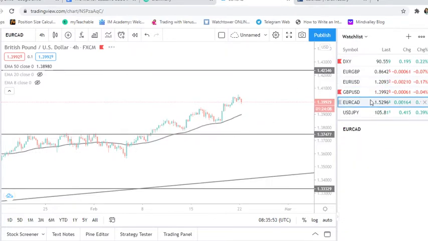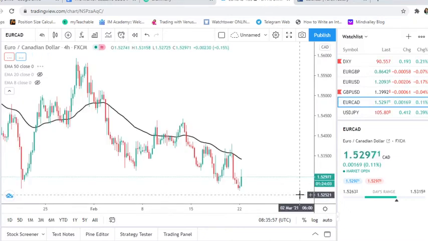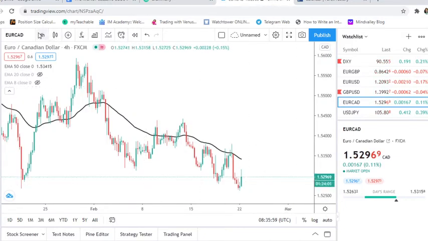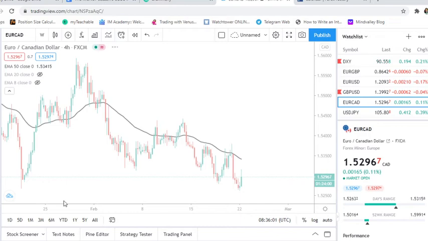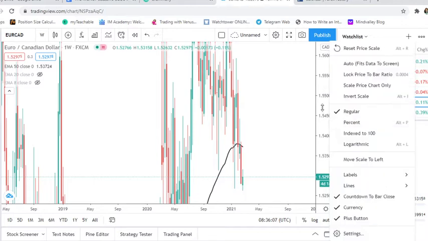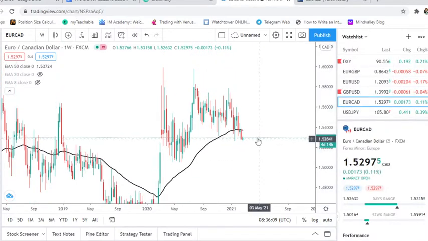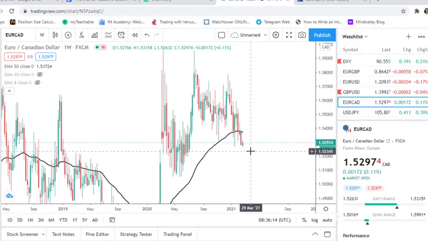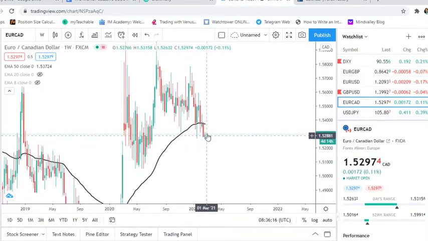Okay, then let's move on to Euro Canadian dollar. Looking at Euro Canadian dollar on the weekly, we would see that there was a big bearish candle that closed the week last, and now it looks like we are having some retracement.